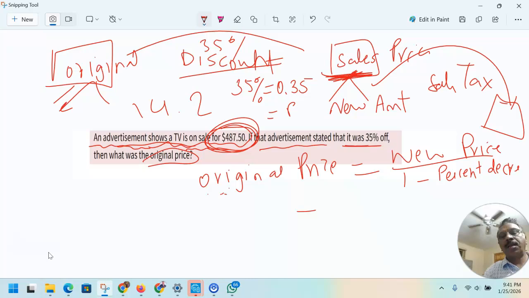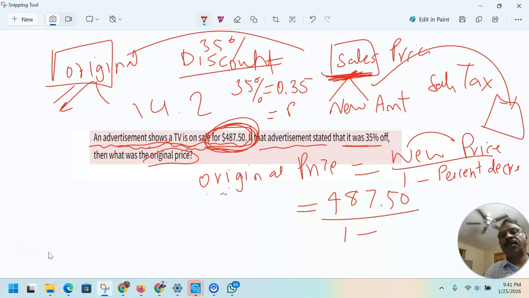So that will be the new sales price. This is the one that goes here, 487.50, and it is 1 minus the percent decrease, 0.35.